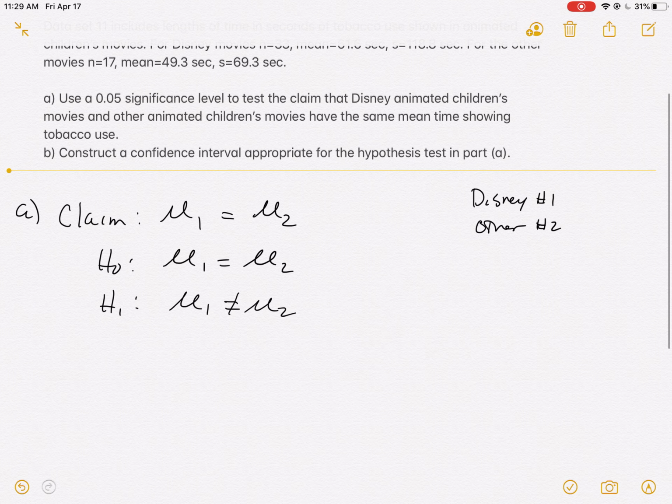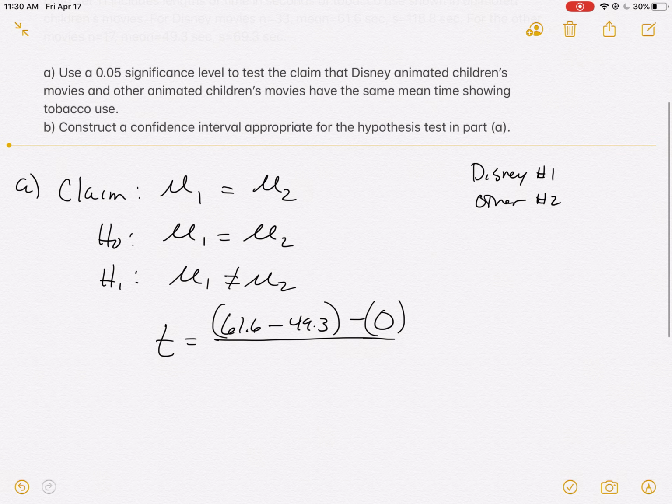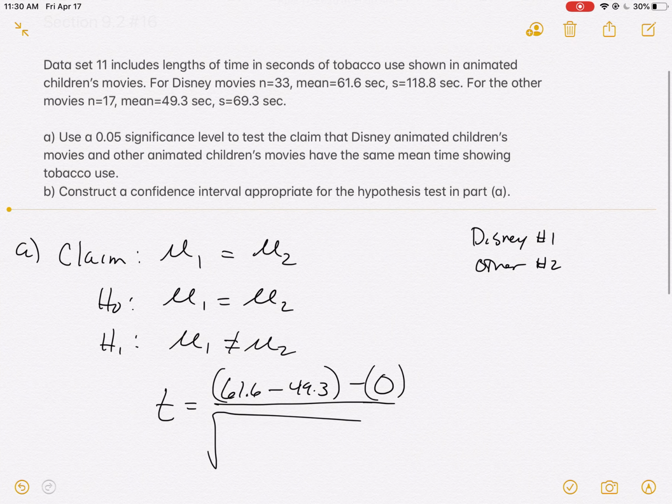What are we going to do next? Well, we're going to go get our t value. You know how that's happening. x1 minus x2. So x1, 61.6 seconds. Other movies is x2, 49.3 was their average. Minus 0, always 0 here, because we're always doing the direct comparison, square root, and now I got to get my S1.